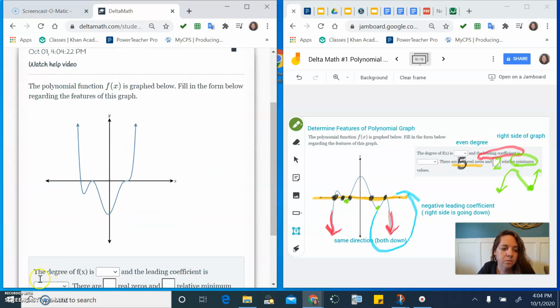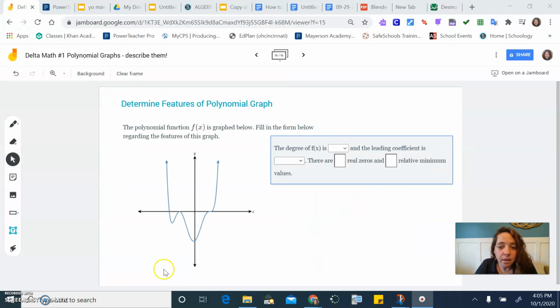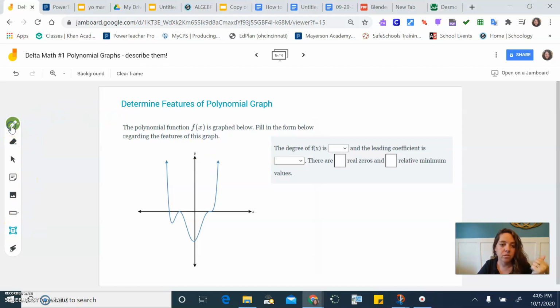All right, let's look at the next one. So the next one, again, they're asking about the degree of this function. Remember, degree looking at a graph, if they're even, they both go in the same direction. If they are odd, they go in different directions. Even degree, same. Odd degree, different. So this one on the end, let's see, that side's going up.